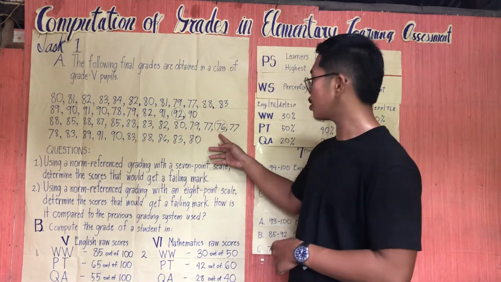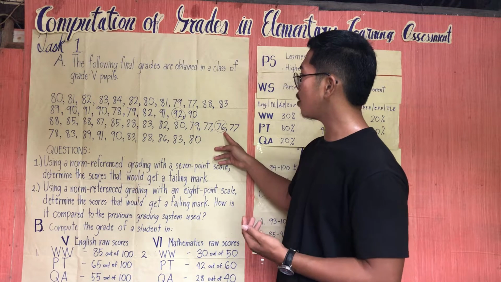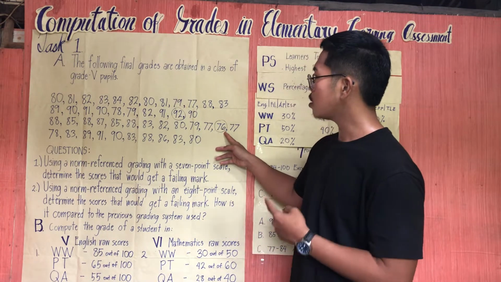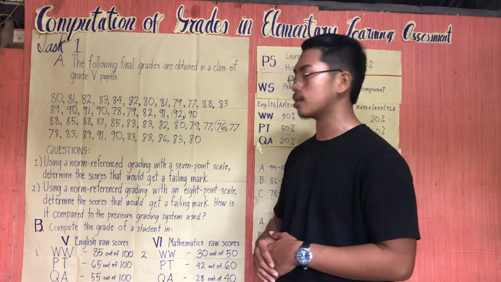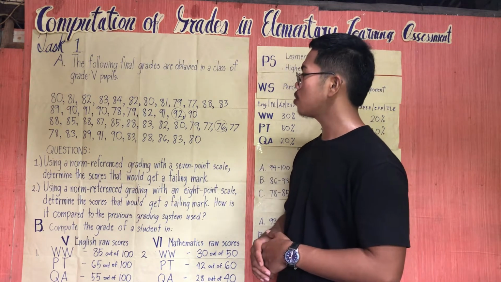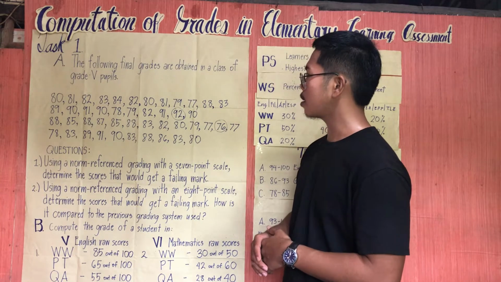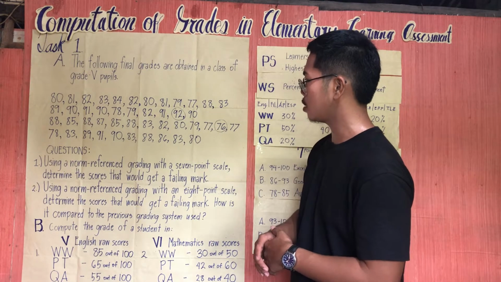We can see here that the lowest grade of the grade 5 pupils is 76. Therefore, we can conclude that there is no failing mark for the grade 5 pupils.